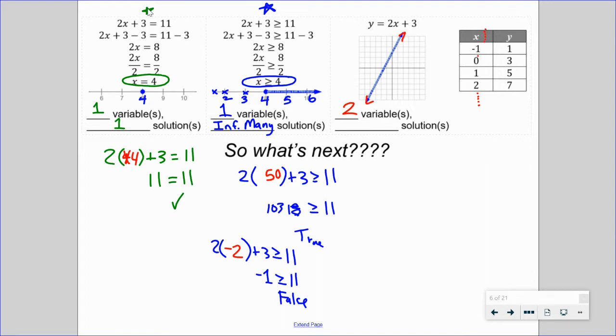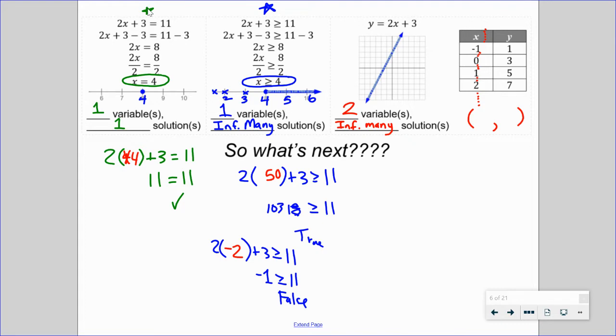Furthermore, you could choose any decimal or fraction in between these numbers. And since there are billions and billions of points, this equation also has infinitely many solutions. There are an infinite number of solutions, x value and y value, that would make this statement true.